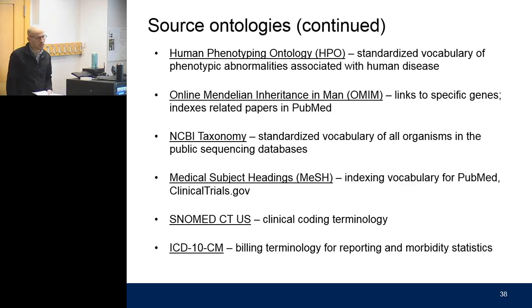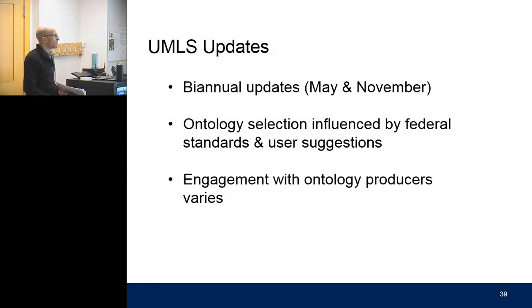Again, the Medical Subject Headings are used to index PubMed. And SNOMED CT and ICD-10-CM are both used heavily in the clinical environment. SNOMED CT is used for problem lists, and ICD-10-CM is used heavily for billing terminology, for reporting and morbidity statistics. The UMLS is updated twice a year.